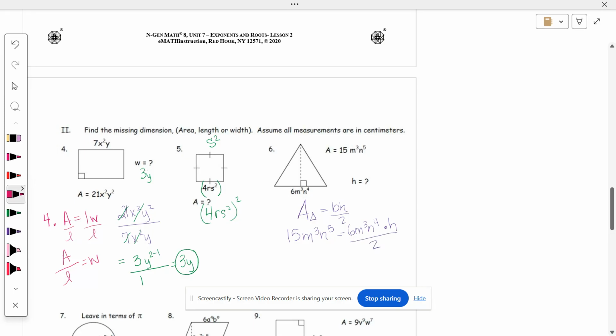The first thing is that 6 divided by 2 is 3. To get the height by itself, I divide 15m cubed n to the fifth by 3m cubed n to the fourth. 15 divided by 3 is 5. My m cubes cancel out, and 5 minus 4 is 1. So my height is 5n.